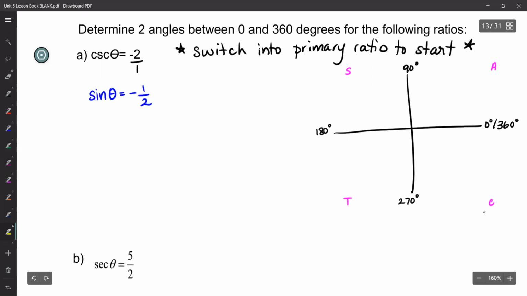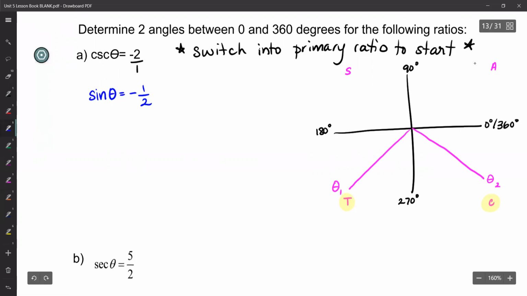So where might my angles fall, or what quadrants will my angles fall if sine is -1/2? Quadrants 3 and 4. Correct. The tan and cosine quadrants. So here I'll have some theta, and here I'll have another theta. So we'll call this theta 1 and theta 2.